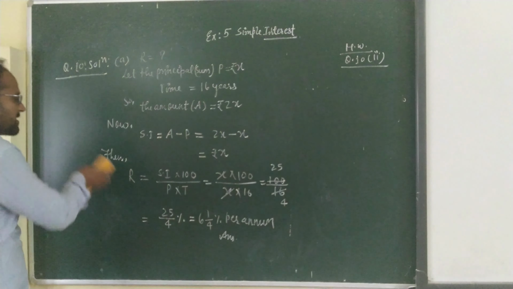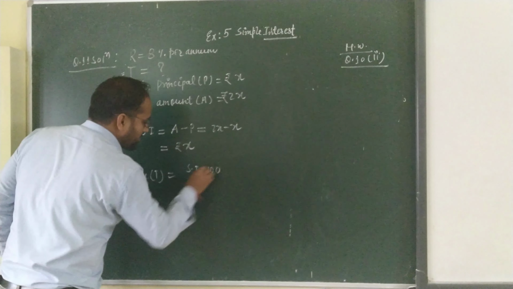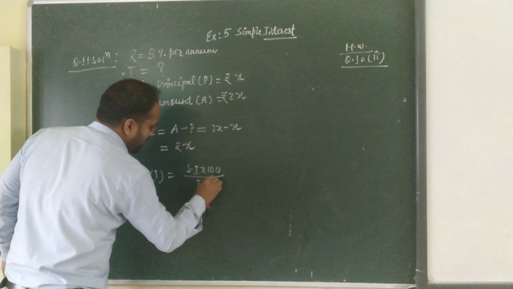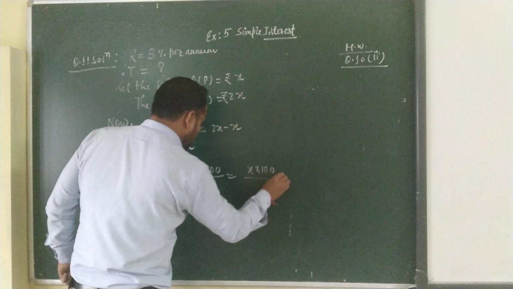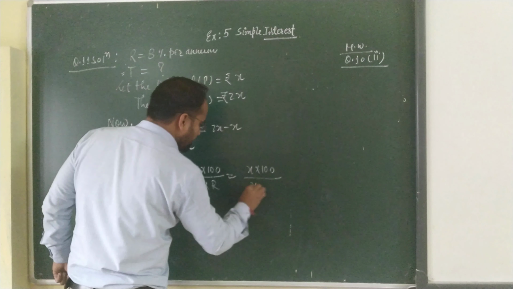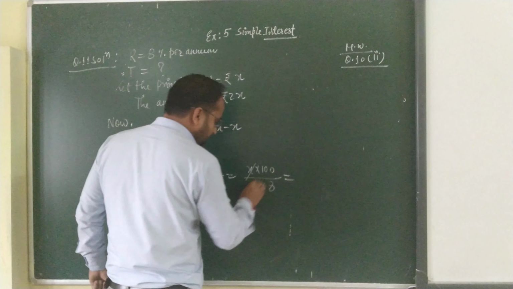If we know this SI, then it is very easy to find the time. Time is equal to SI multiplied by 100 upon P into R. So SI is x multiplied by 100, P is x and R is 8. The x is cancelled out with this x.